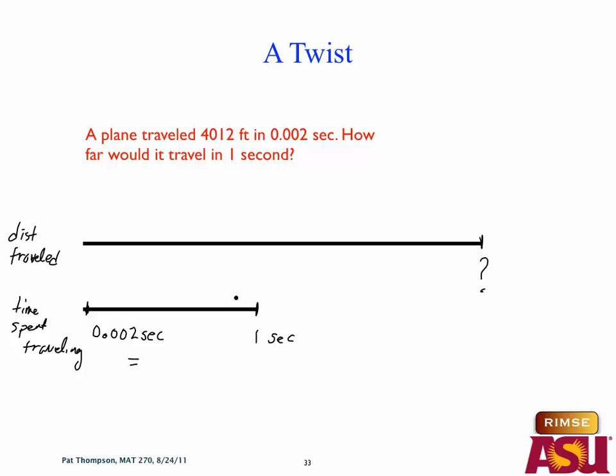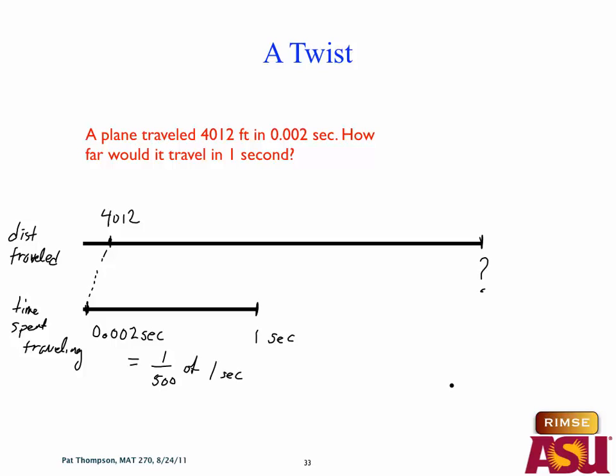What is it? 50th or 500th? And we know how far it went in 0.02 seconds, right? The corresponding is 4,012. How far did it go in 1 second? Times by 500.